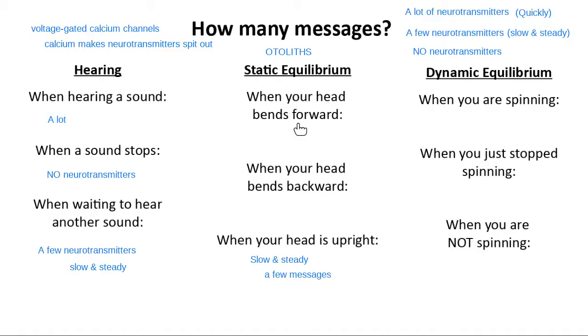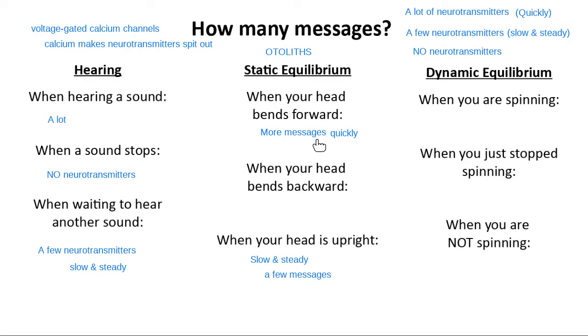If your head starts to bend forward, what happens to my number of messages? Are they going to get faster or slower when I bend forward? Yeah, so when I'm bending forward, I send messages quickly. So more messages, quickly. Your head starts to go forward.